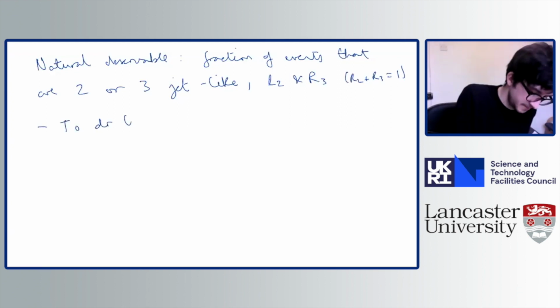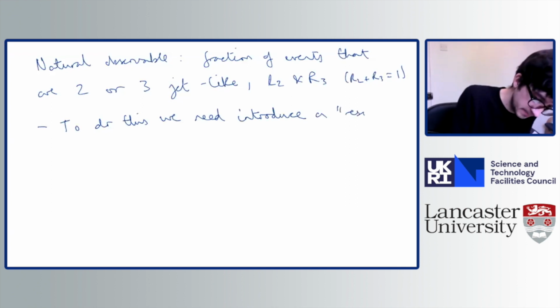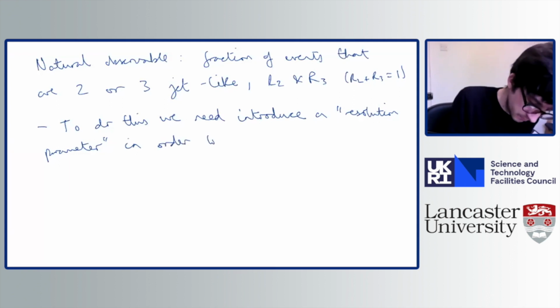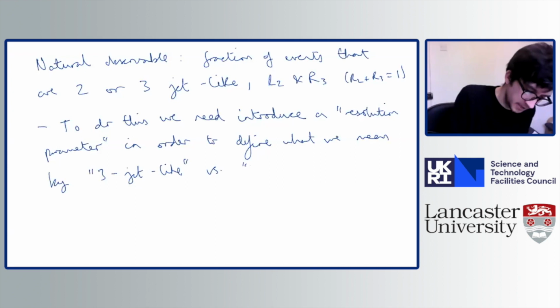Okay, so to do this, we need to introduce something which tells us what we define to be 2 and 3 jet-like, clearly. So we introduce a resolution parameter in order to define what we mean by 3 jet-like versus 2 jet-like.